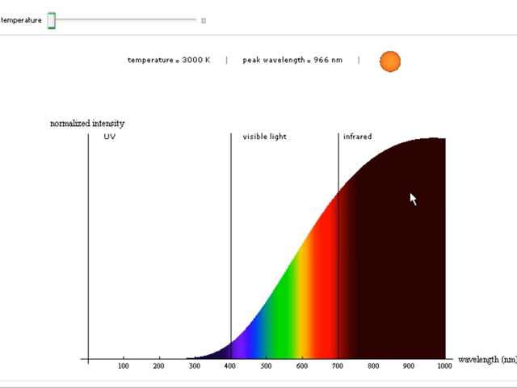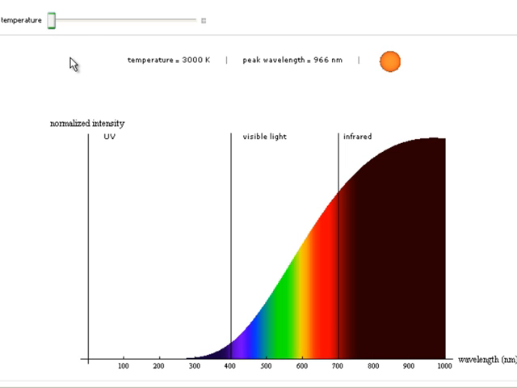We can't actually see infrared light, but what we can see is the orange color, which is the average of the visible light. So just by looking at the color or analyzing the spectrum of the black body, we can actually tell the temperature of an object like charcoal.